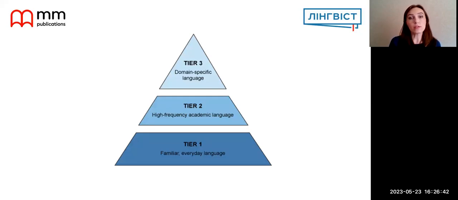The first tier includes common everyday words that are used in conversations. This tier's vocabulary words consist of basic familiar words, and these words are commonly used by most students during the lesson.